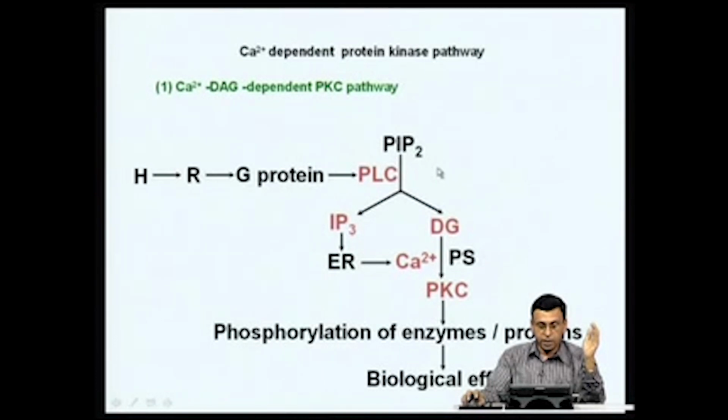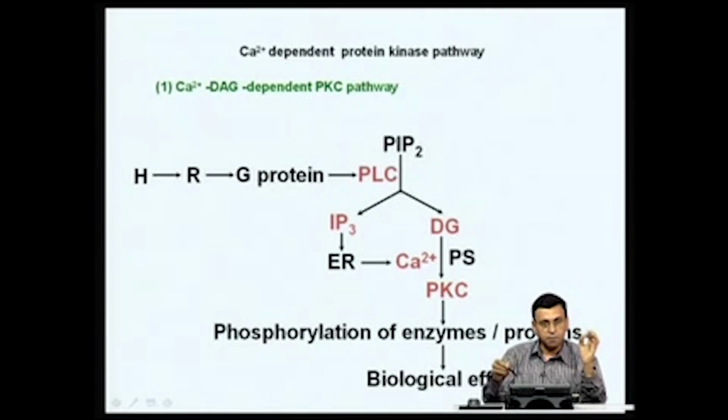Now, the inositol triphosphate thus synthesized goes to the endoplasmic reticulum, and causes calcium release, and now the calcium goes and activates the protein kinase C along with diacylglycerol, and the protein kinase C thus activated now phosphorylates a number of enzymes, proteins including transcription factors, leading to specific physiological effects.